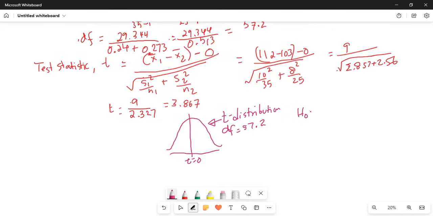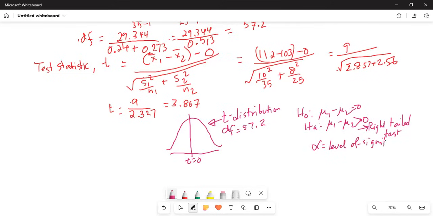Because the null is mu1 minus mu2 equal to 0, and the alternate is mu1 minus mu2 greater than 0. The arrow is pointing to the right. It's a right tail test.